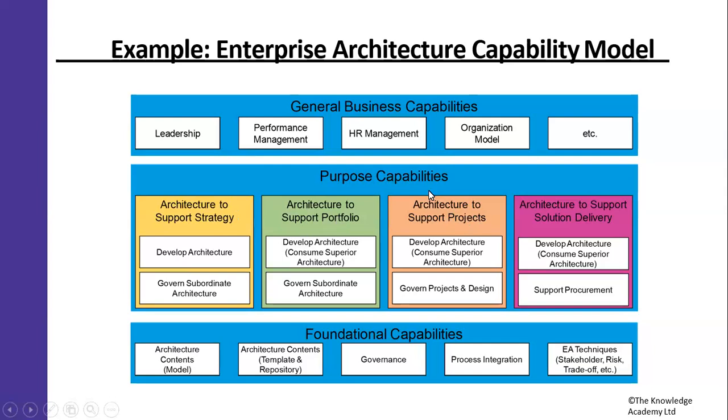All this is called purpose capability, capability to support a specific project or a portfolio. And this is called foundational capability. For example, governance is a foundational capability. Content framework, all that.